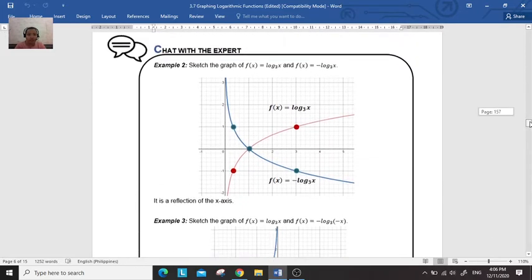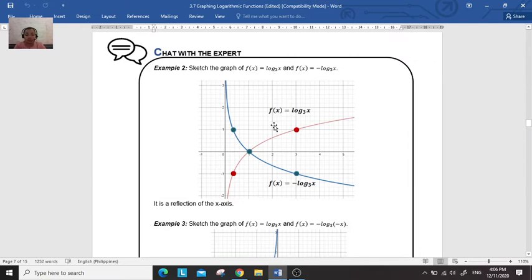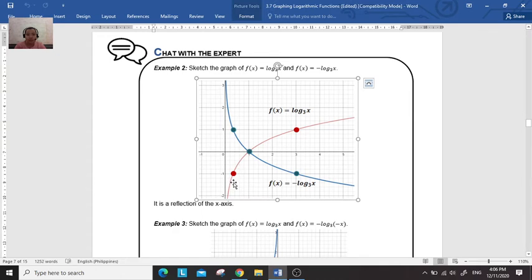So as you can see, for example number 2, if this is our pre-image, f of x is equal to log x base 3, then its reflection about the x-axis is this one.